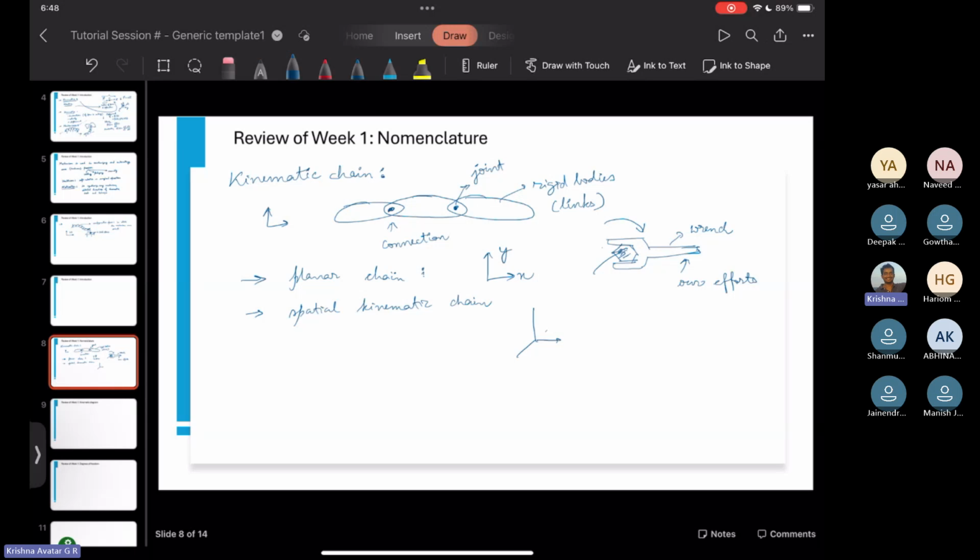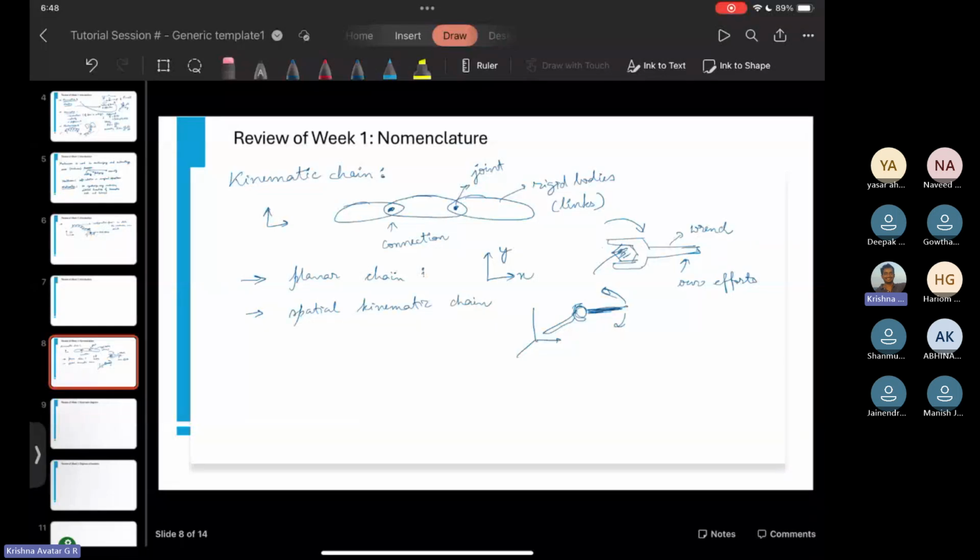Say you have a ball and socket joint, and then this part. We can rotate it the way we want, any way possible in 3D space. So that is an example of a spatial kinematic chain.